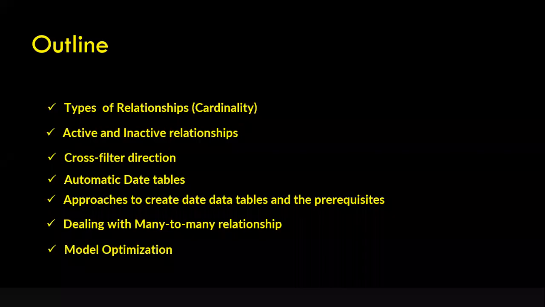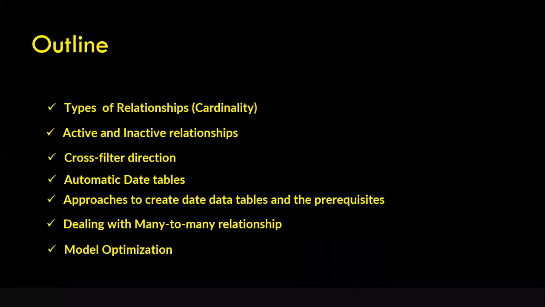Next, we'll take a look at the different types of relationships that are available in data modeling. The relationship is also called cardinality. Most people get confused with the term cardinality. Cardinality is nothing but relationship.